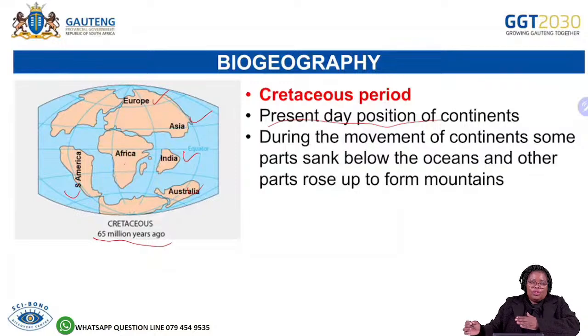But as time goes by, what happened? Separation of the continents. Now we have the present continents. So with the Cretaceous period, it is the present day position of continents, right? During the movement of continents, some parts sank below the ocean and other parts rose above to form mountains.